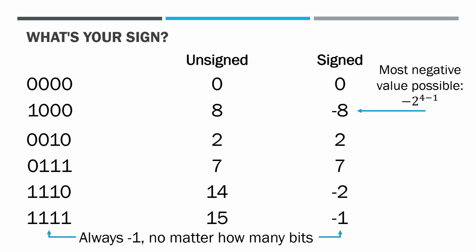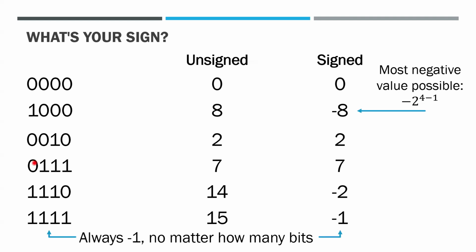Right? In this case, it's 4 bits, so that's -8. Okay, so -2 to the 4th minus 1, so -2 to the 3rd, right? We're going to use that in a minute.